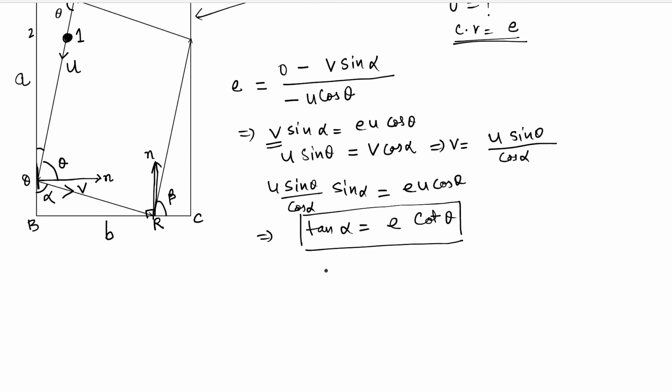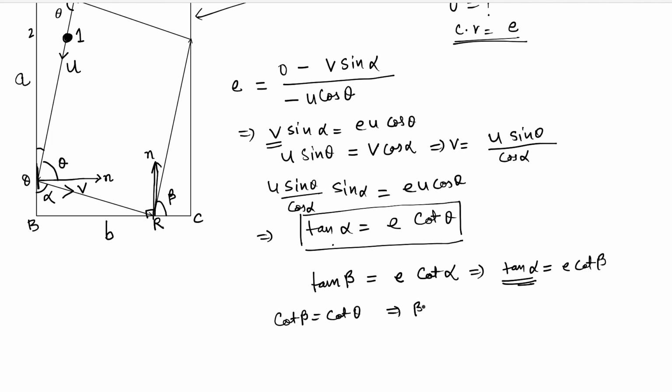We will get tan beta as e cot alpha. Okay, so from here, which means tan alpha is e cot beta, and if we replace tan alpha here with this, then we get cot beta is cot theta.